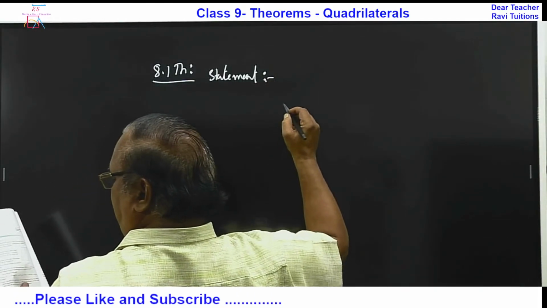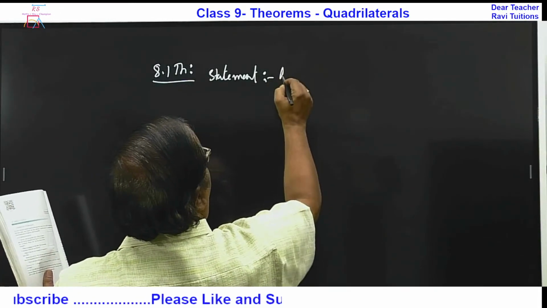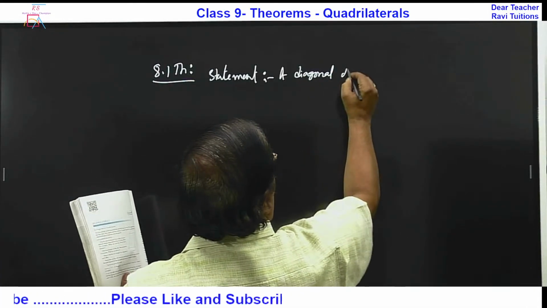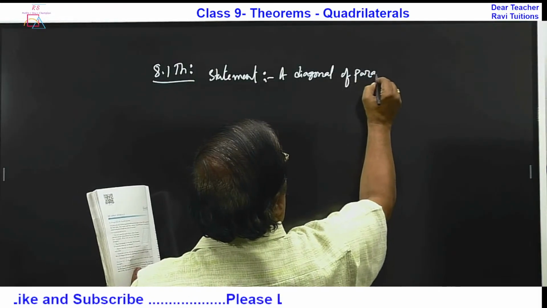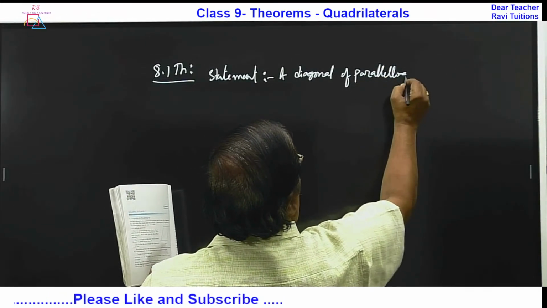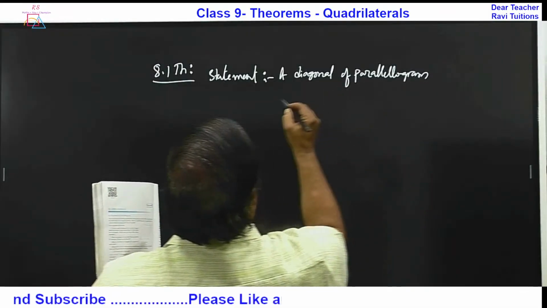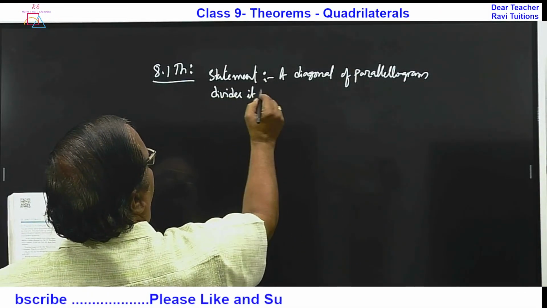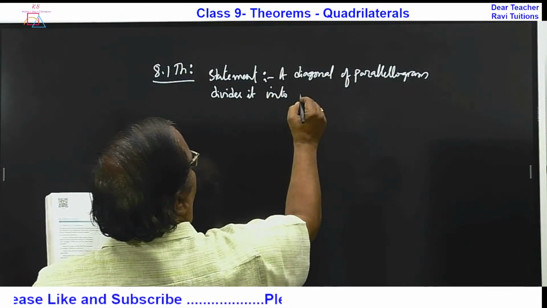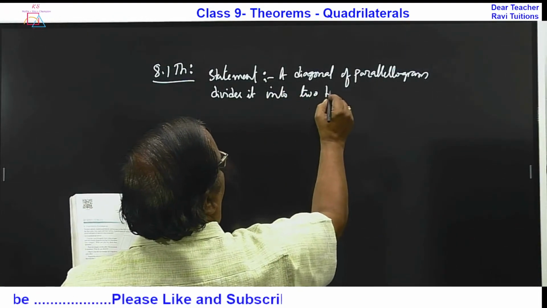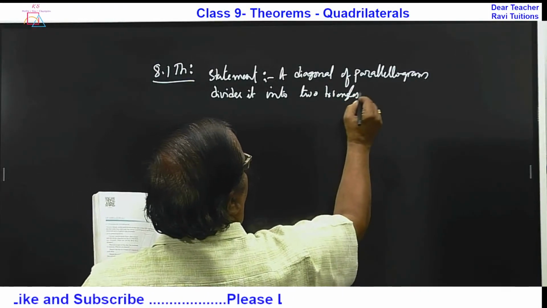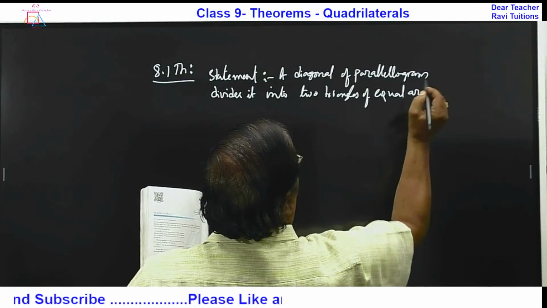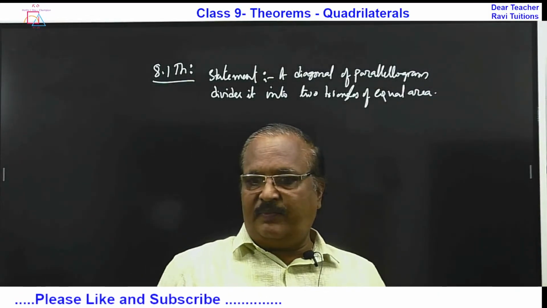A diagonal of a parallelogram divides it into two triangles of equal area. This is the statement.